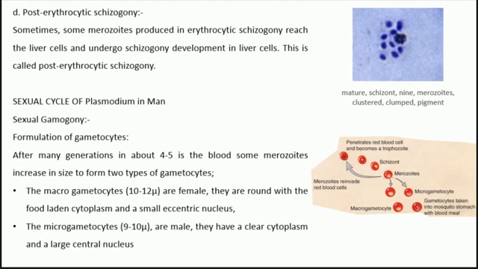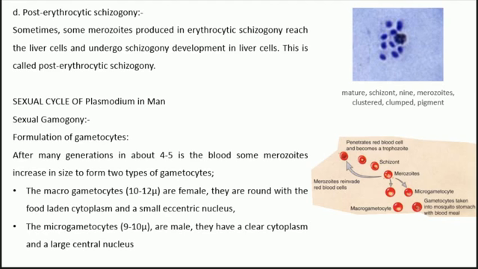Now, after many cycles, a change occurs within the schizogony. That change is the sexual cycle of Plasmodium in man. Generally the whole asexual cycle takes place within man and the sexual cycle takes place within the mosquito.